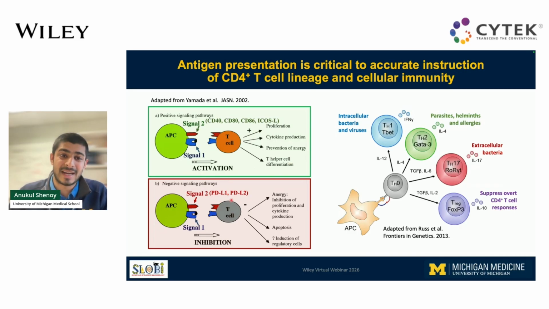On the flip side, if these are inhibitory signals like PDL1 or PDL2, this antigen presenting cell can tell the T cell to quiet down. It inhibits T cell proliferation, causes the T cell to die, and may cause the T cell to become a regulatory T cell. Many of us are familiar with the molecule PDL1 because of its pro-tumorigenic role, where cancer cells express PDL1 to shut down T cells that come to kill them.